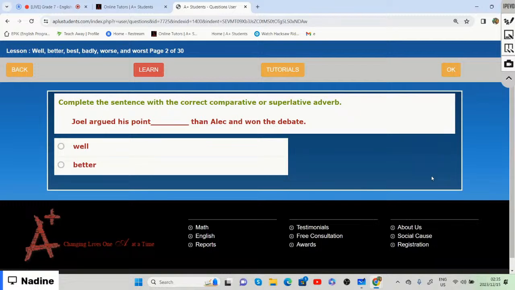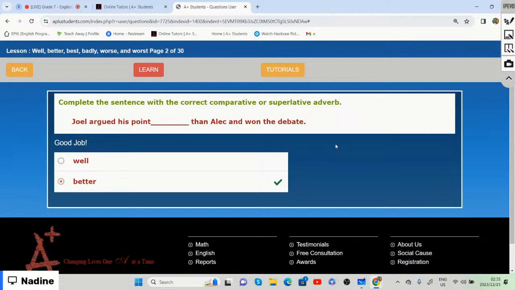So do we say well or better than Alec? All right, so if we select our correct answer, we will say he argued it better than Alec. So better than Alec.